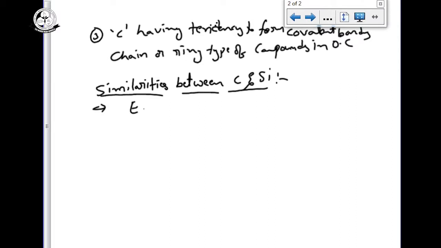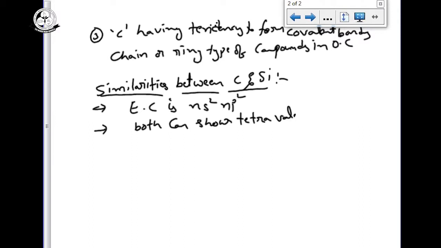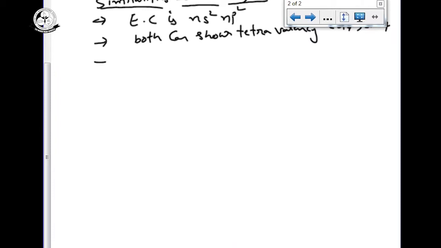First, the electronic configuration is the same. Carbon has an ns2 np2 configuration, and silicon also has the same electronic configuration. Second, both can show tetravalency. Carbon can form tetravalency, CCl4, and silicon also can form tetravalency, SiCl4.